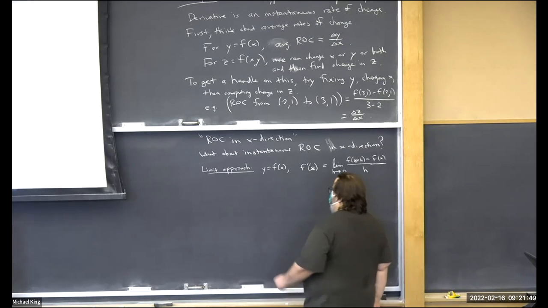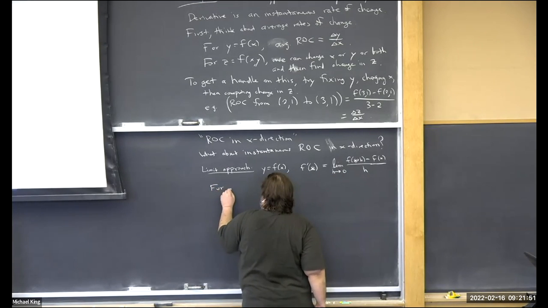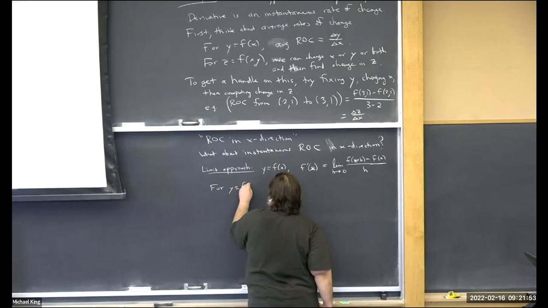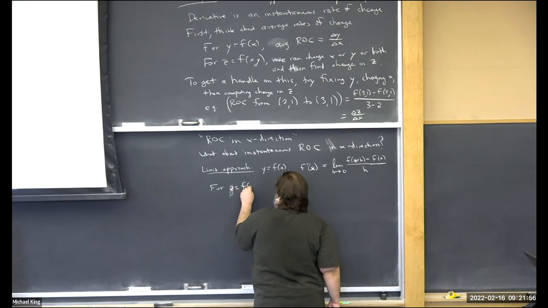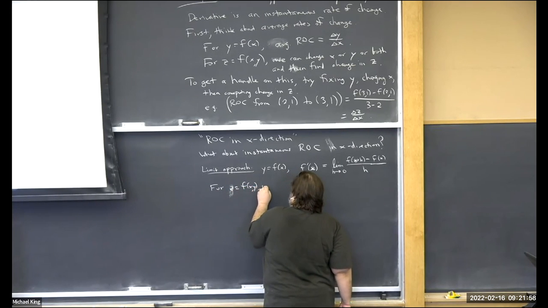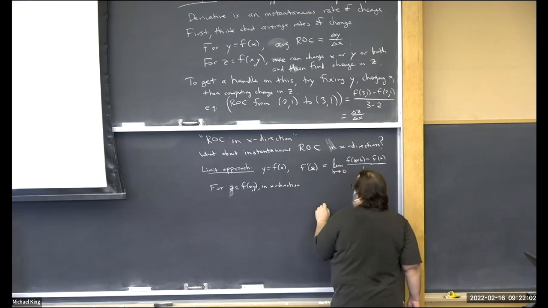For z equals f of x comma y in the x direction, we'll define this thing called the partial x.